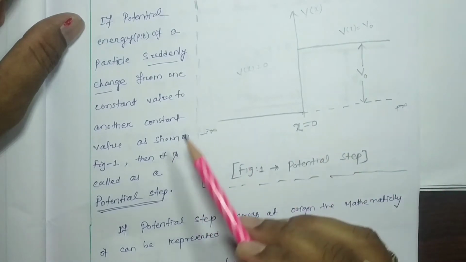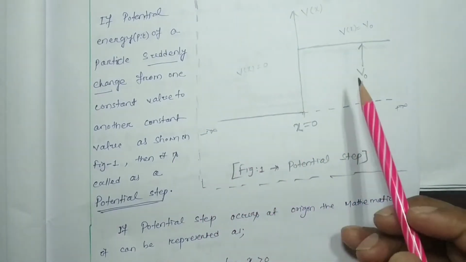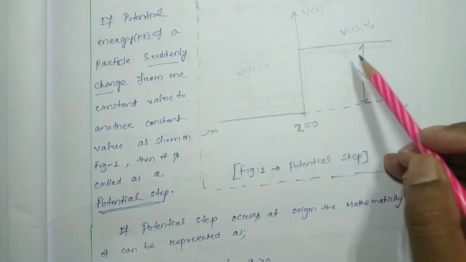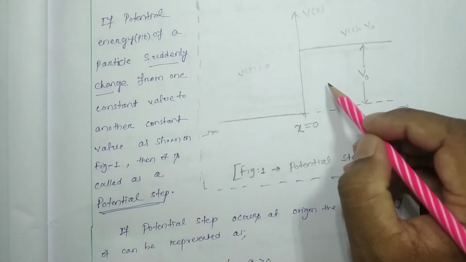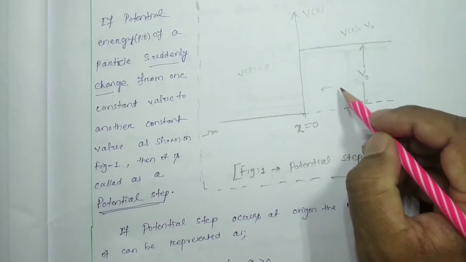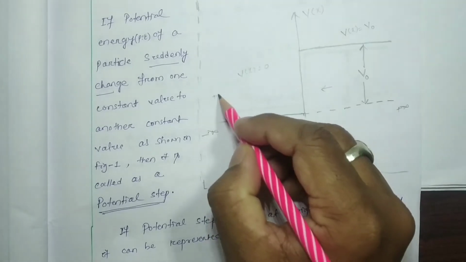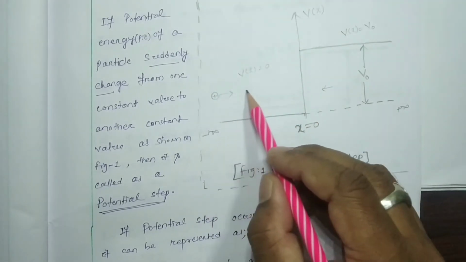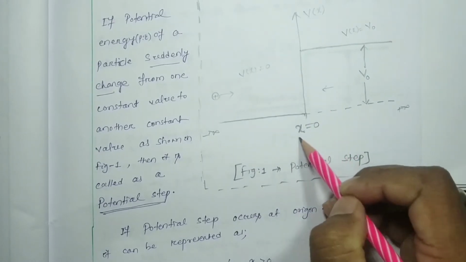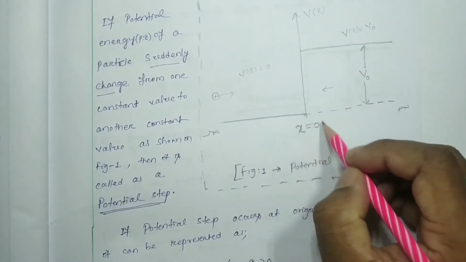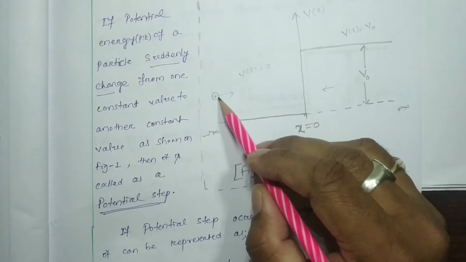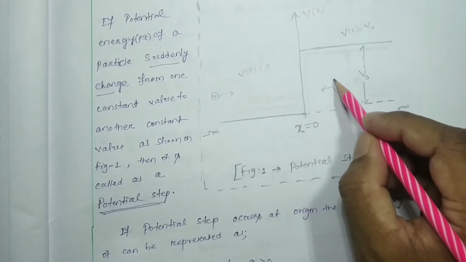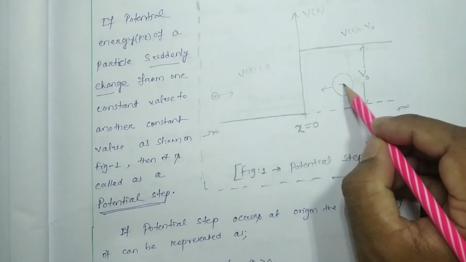In our previous class, we discussed that the so-called potential is one type of repulsive force. Suppose one positive charge is moving along this direction, freely it will move up to x equal to 0. Exactly at x equal to 0, that charge is going to perceive a repulsive force.